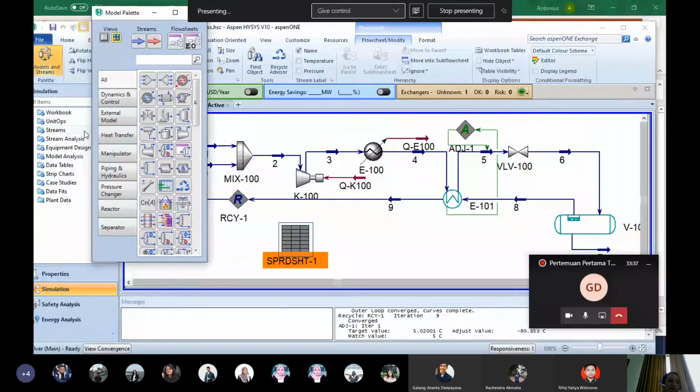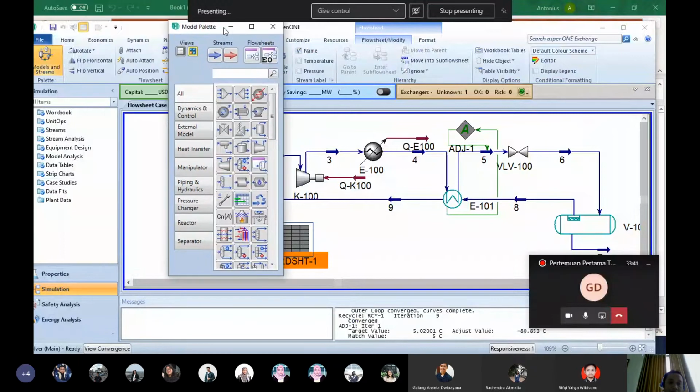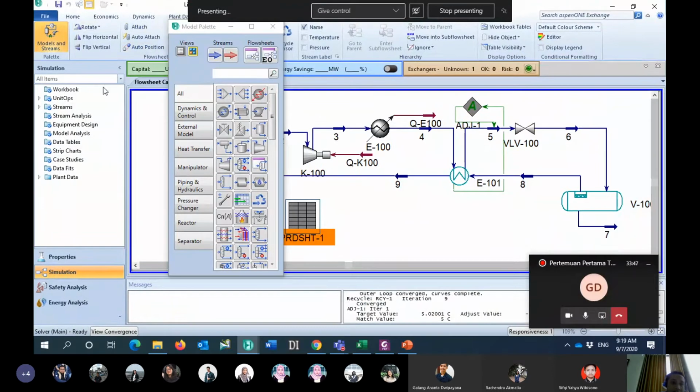So please go to the case study in your HYSYS simulation. You can go to the left frame. In here, in the left frame, you can see many tabs, for example, workbook, unit operation, stream, and so on.